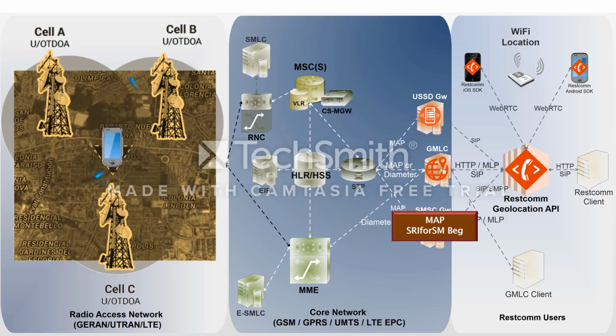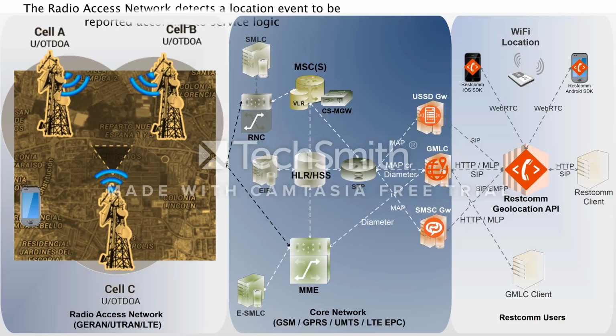This demands a Send Routing Information for Short Message to the HLR, and then I will have the location entity to forward the short message, and there the initiator of the USSD service will have its location through an SMS. Perfect.